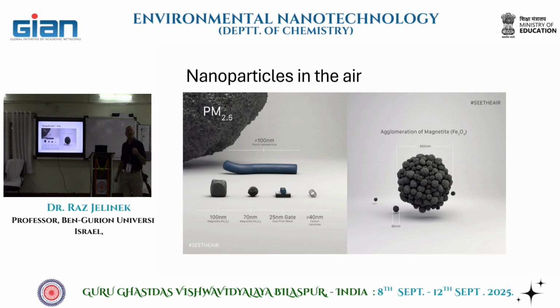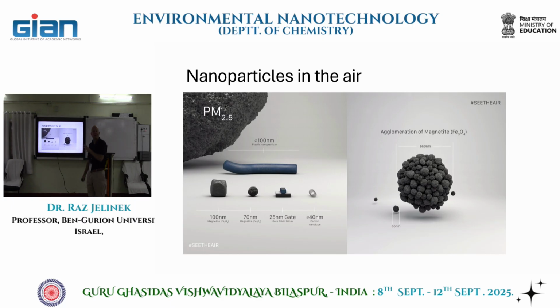Let's see why it is worse. Let's first talk about the air. If you take very small particles, they can float in the air just like dust. And they can go anywhere, including into our body, through our lungs. Do you know what it is? It's called PM2.5, particulate matter 2.5.